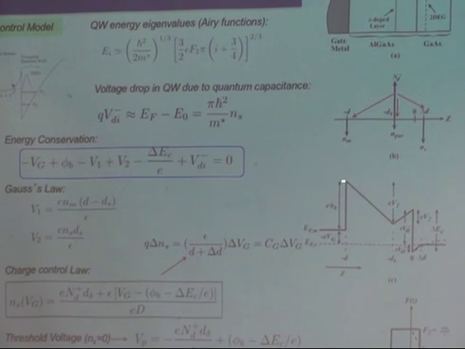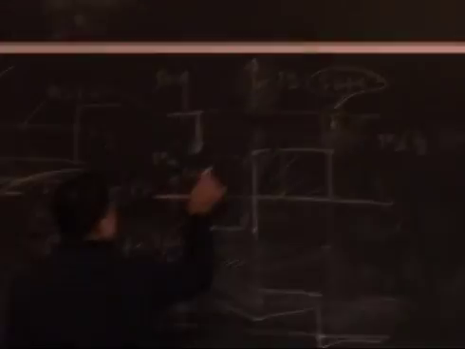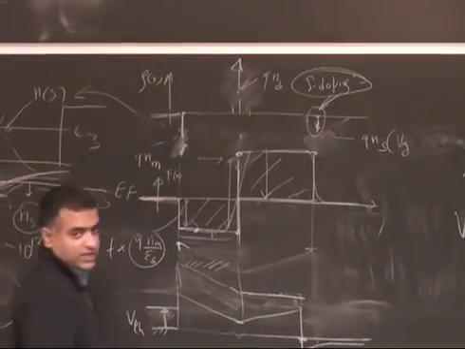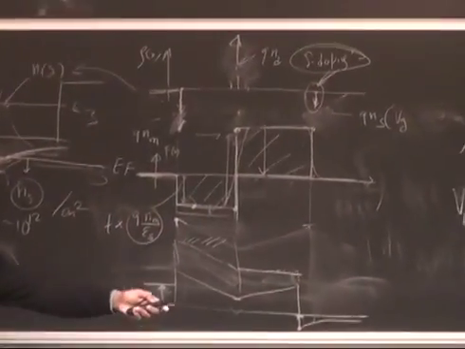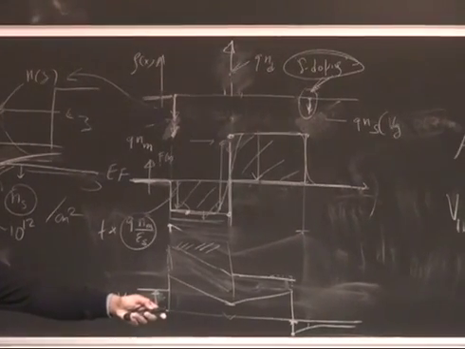What is the voltage drop here? It's the field times the thickness, right? The electric field, which is just the charge in the metal, times the thickness of this layer is the voltage drop in that layer. So V1 is just, I've written that down, charge in metal times this distance here, d minus dm.